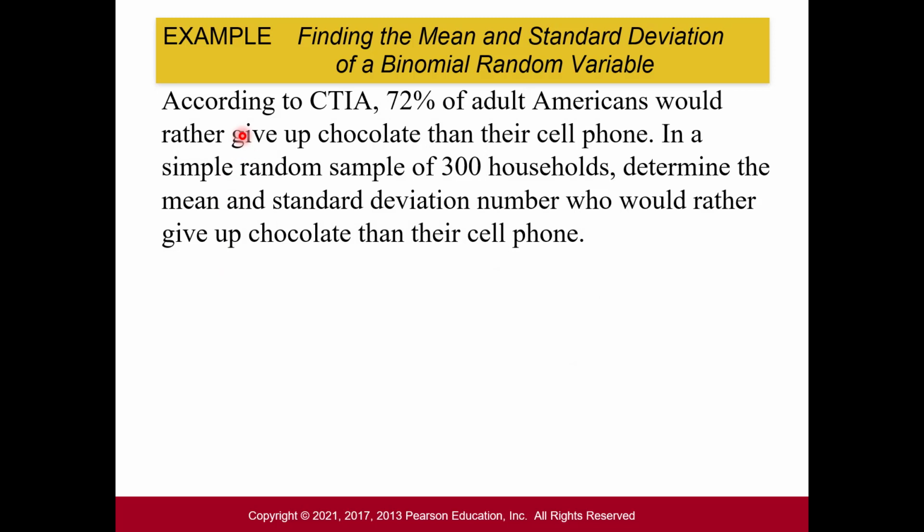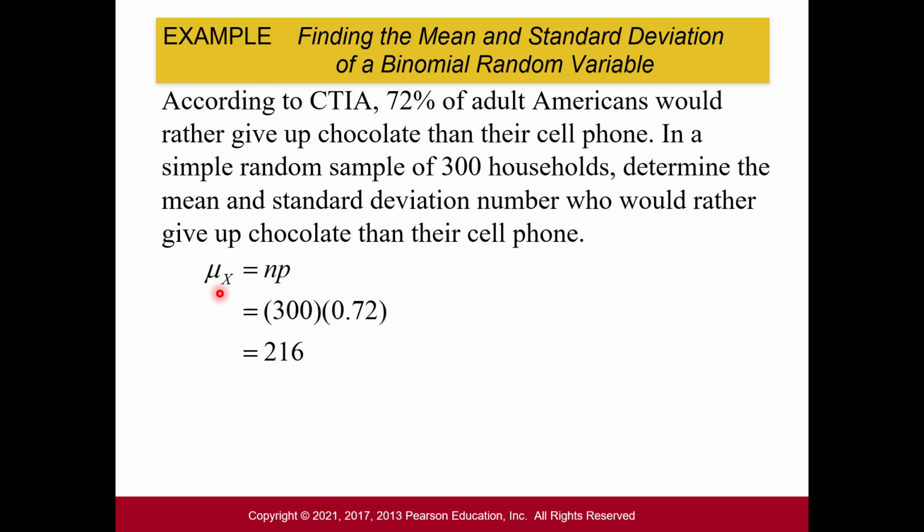So take a look at this example. According to CTIA, 72% of adult Americans would rather give up chocolate than their cell phones. We've seen this earlier. And so a simple random sample of 300 households, determine the mean and the standard deviation of the number who would rather give up chocolate than their cell phone. So out of 300 households, the mean is just going to be n, which is 300 in this case, times the probability p, which is 0.72.